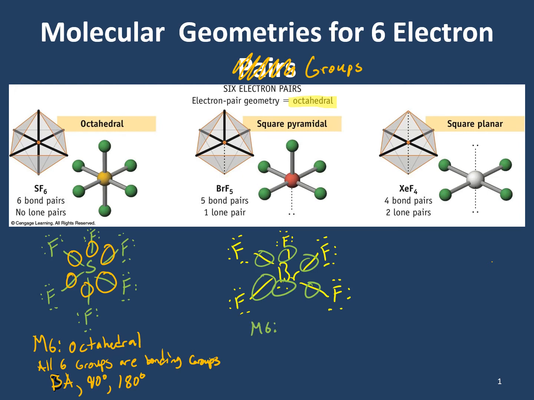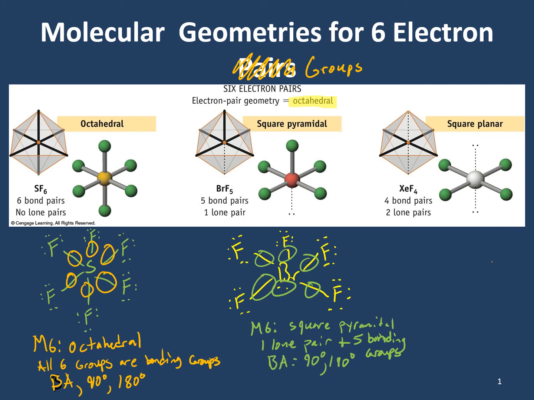This is square pyramidal, and this occurs when you have 1 lone pair and 5 bonding groups. The bond angles are pretty much the same as in this electron group geometry: 90 and 180 degrees here as well.